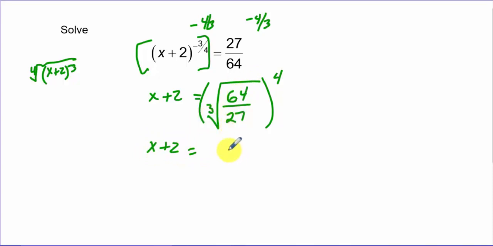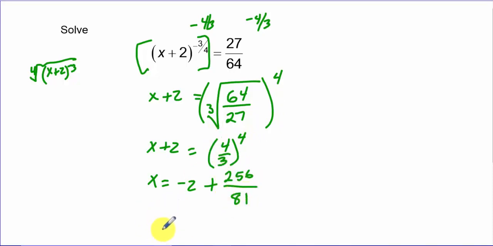Cube root of 27 is 3, raised to the 4th. So this is a negative 2 plus 4 to the 4/3, which is 256, and 3 raised to the 4th is 81. And you can solve that from there.